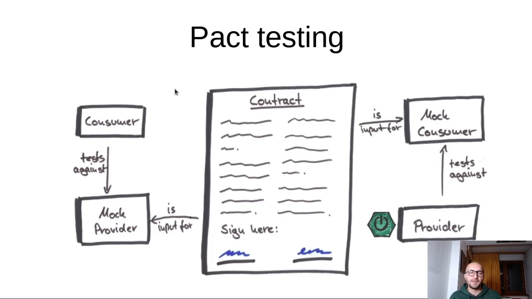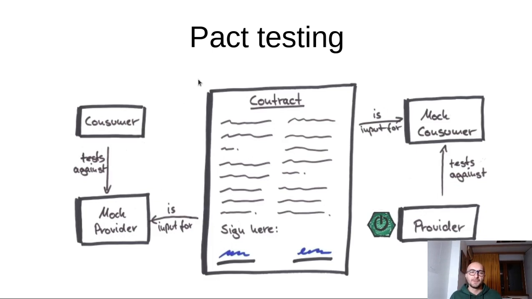Once we have that, we describe the kind of interactions, the kind of queries and responses that we expect. We test that against the so-called mock provider. And the Pact testing library captures that contract in this JSON file. Then we can send that to the provider, and against the so-called mock consumer, the provider will check its outputs based on that JSON file contract.